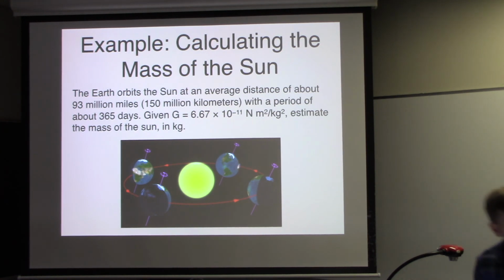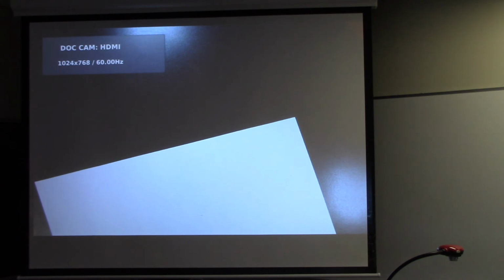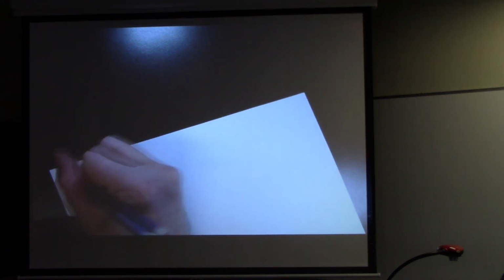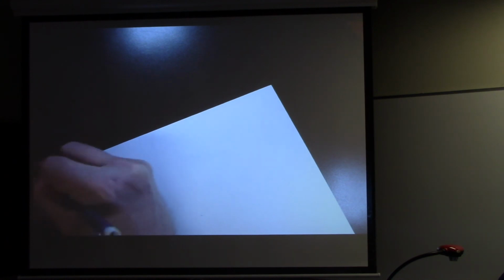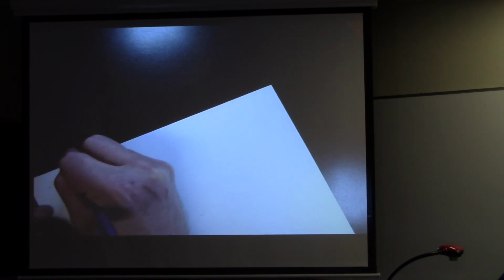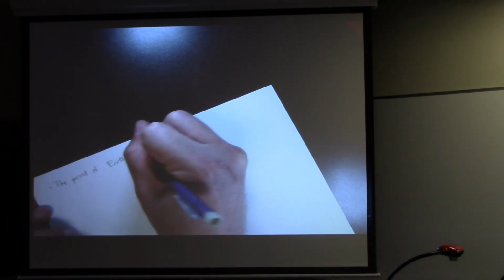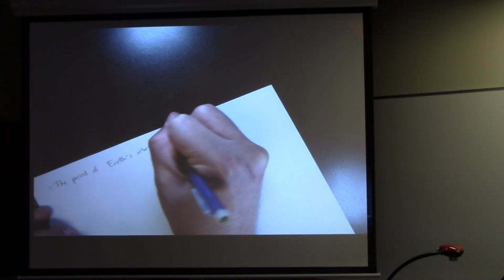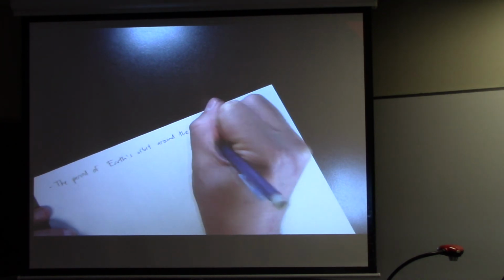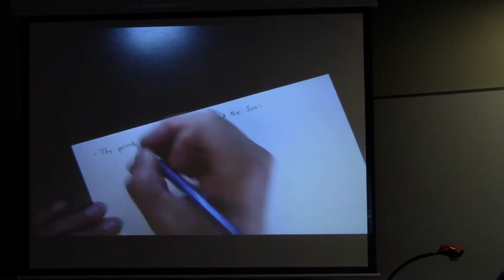All right, so let's work this out. Okay, now the first thing I want to do here is get the period of Earth's orbit around the sun. Okay, well, that's pretty much the definition of what a year is.